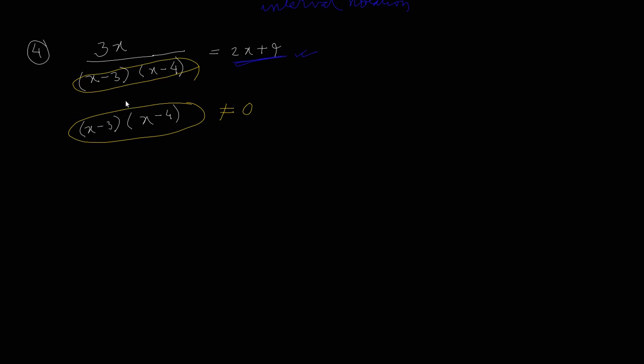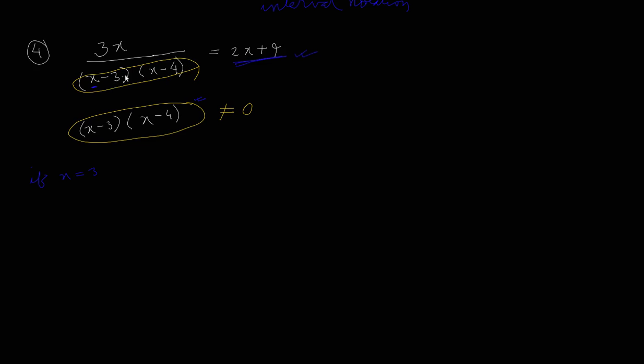Now let's look at it from another angle, separately. If x equals 3, then 3 minus 3 is 0, so 0 multiplied by x minus 4 is 0. If x equals 3, the whole thing becomes 0. So x cannot be equal to 3.